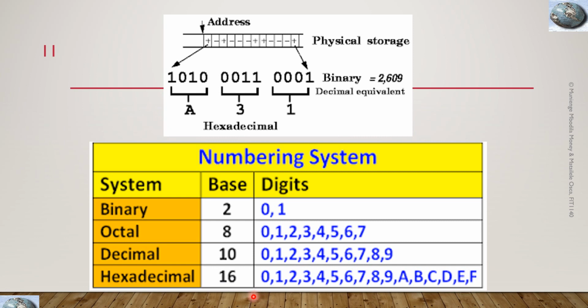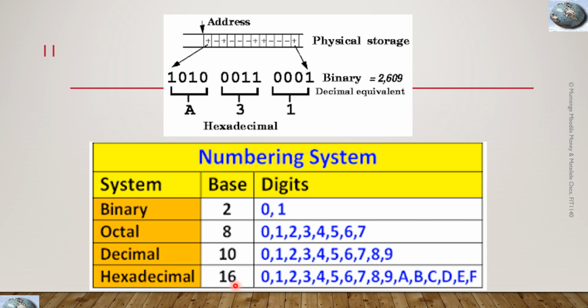Now I'm going to show you how to convert from decimal to binary, decimal to octal, decimal to hexadecimal, and also binary, octal, decimal and hexadecimal, vice versa.